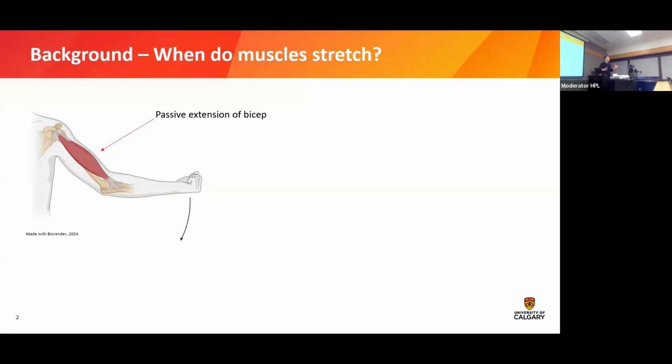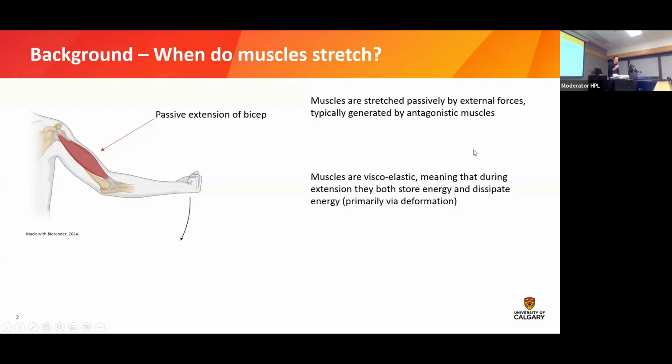And so during locomotion, like when you're walking, when you're moving, your muscles are constantly in active and passive extension. So in general, passive extension occurs due to external forces. You can think of these as forces generated by antagonistic muscles. And muscles are viscoelastic. What that means is that they both store energy and dissipate energy during this type of extension.